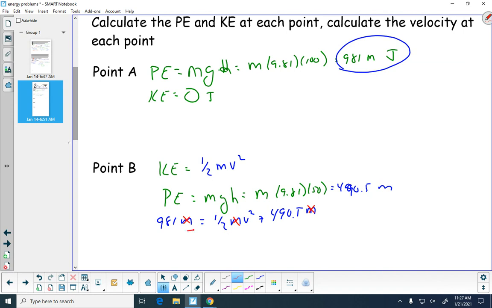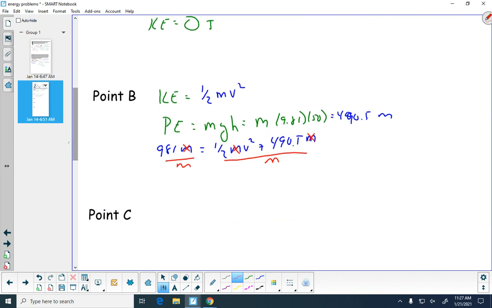We can divide both sides by M. So what we're left with is 981 is equal to 1/2 v squared plus 490.5.